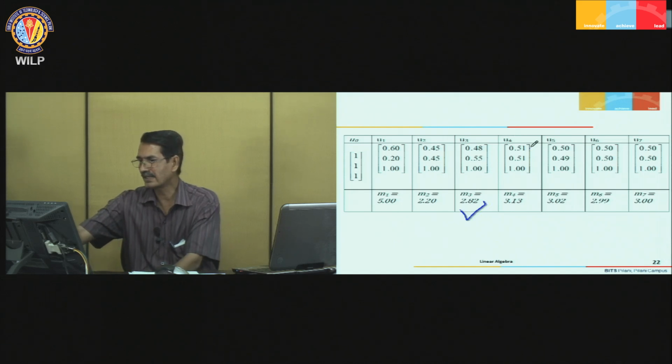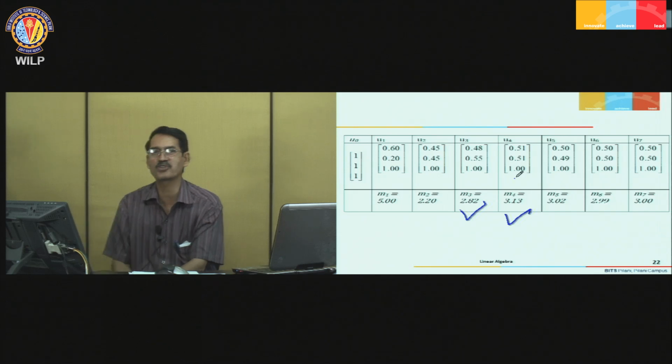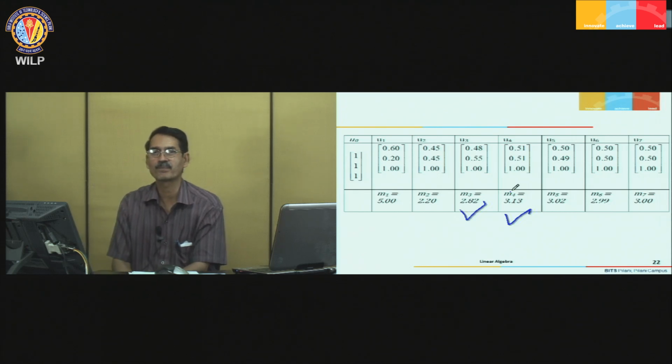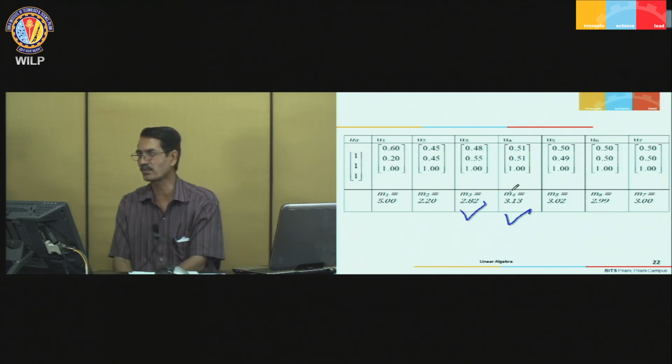In the next step, M4 is 3.13 and u4 is 0.51, 0.51 and 1.0. So, from 2.82, M has changed to 3.13. Again, we cannot stop the process.